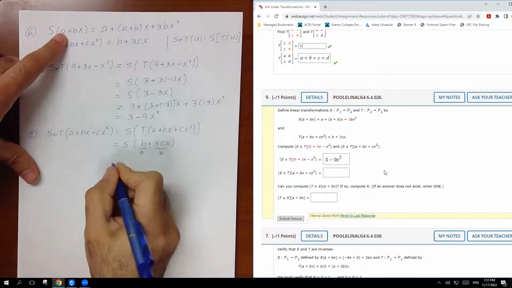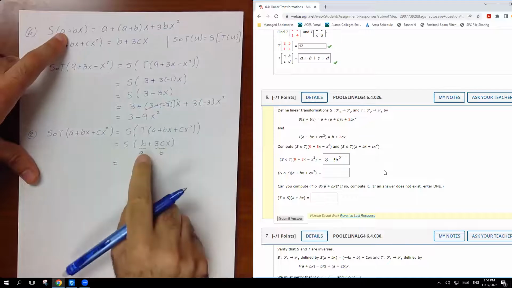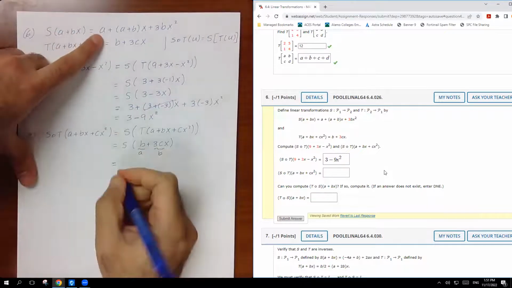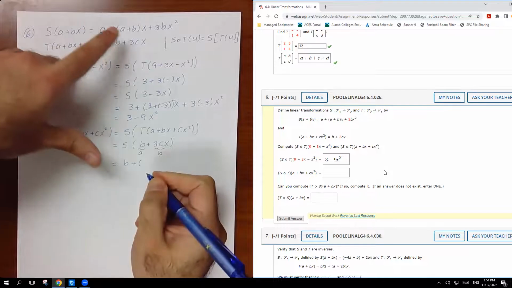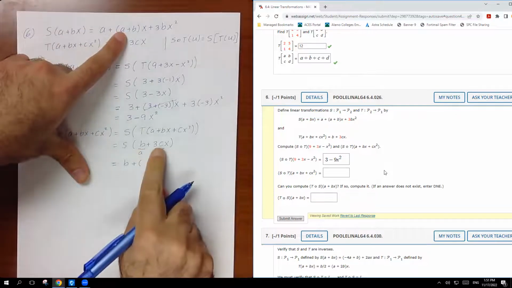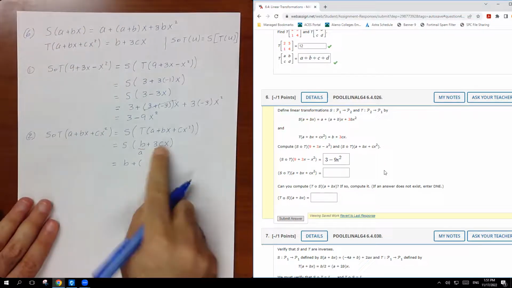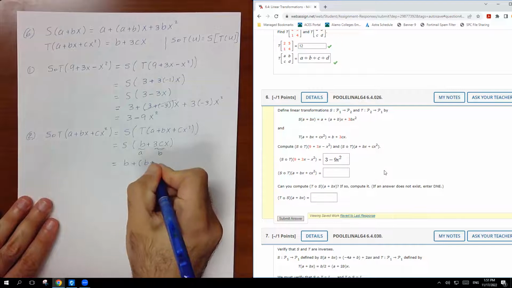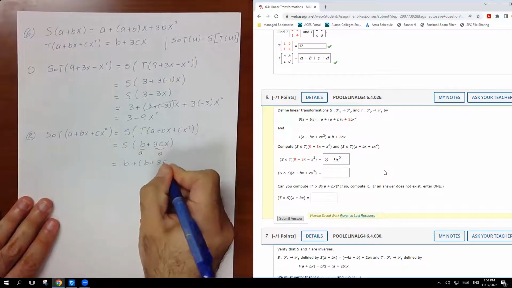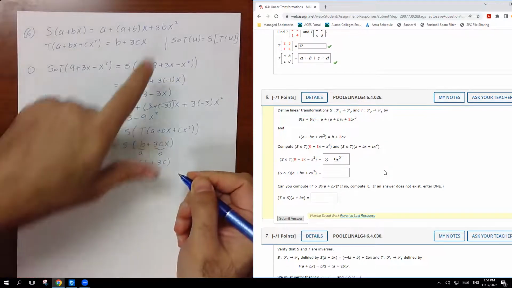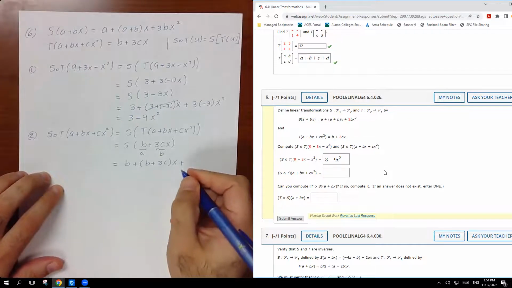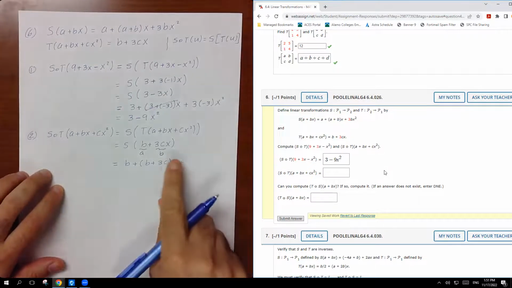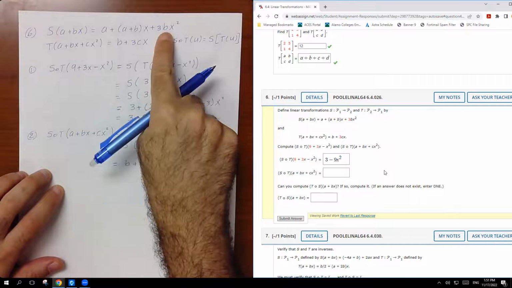So this one is going to be A, which is B here, plus A plus B. This is A and this is B. So it's going to be B plus 3C, plus, and here's the X, plus 3B.